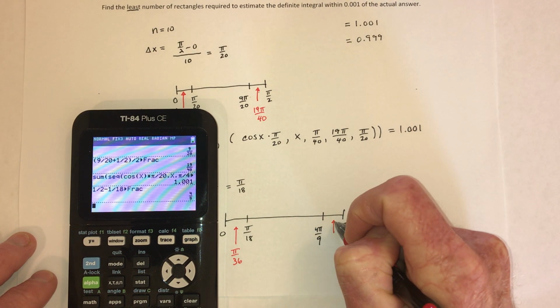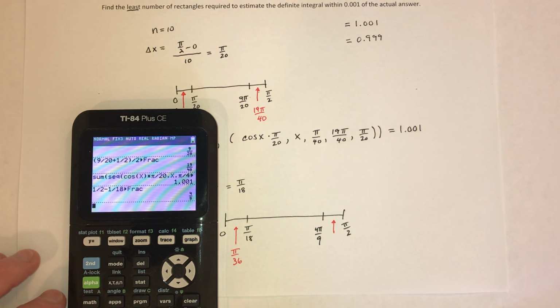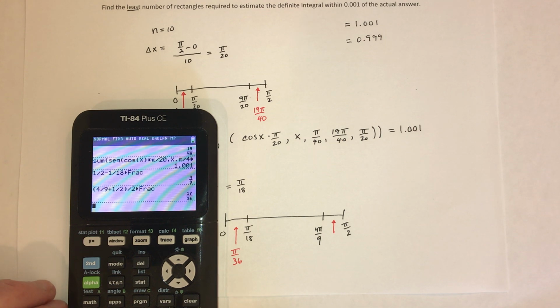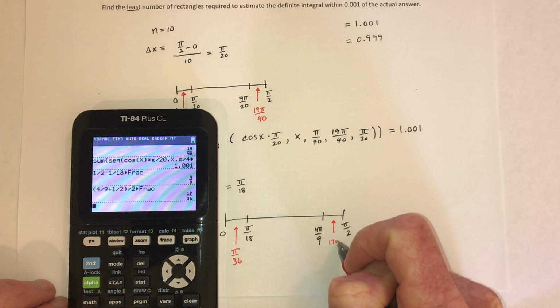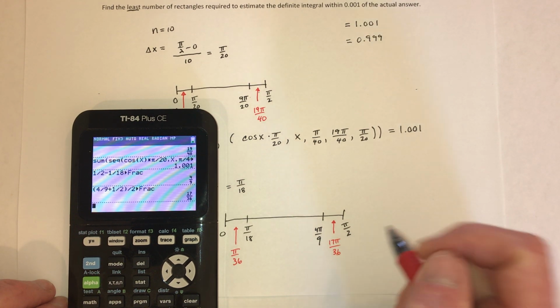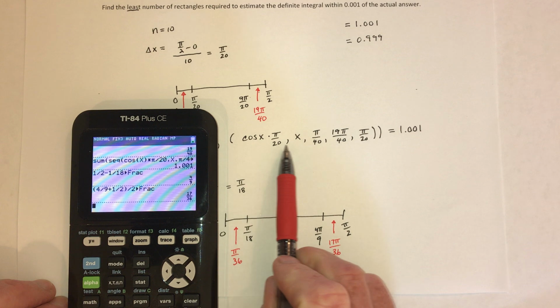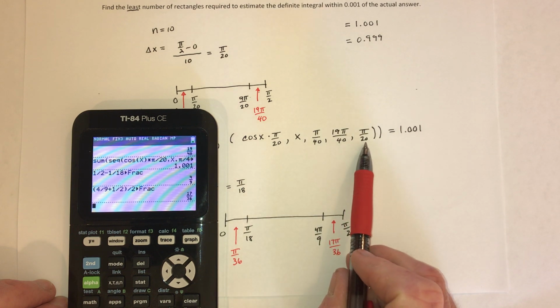And then what's in the middle? So if you take 4/9 plus 1/2, and then you divide by 2, that's going to be 17 over 36. 17 pi over 36.